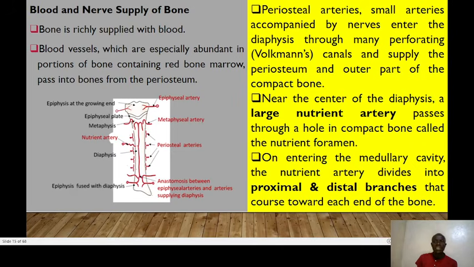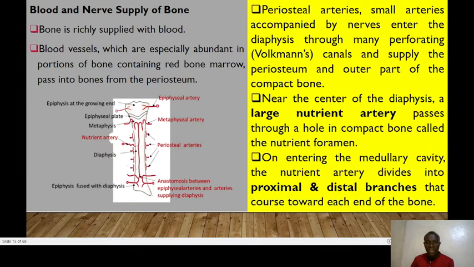Periosteal arteries are small arteries accompanied by nerves that enter the diaphysis through the perforating canals. We refer to them as the Volkmann's canals, and they supply the periosteum and outer part of the compact bone. Near the center of the diaphysis, we have this large nutrient artery, and it passes through a hole in the compact bone called the nutrient foramen.